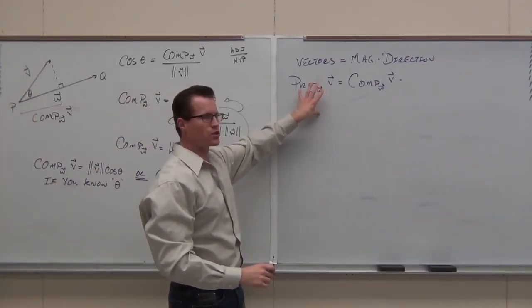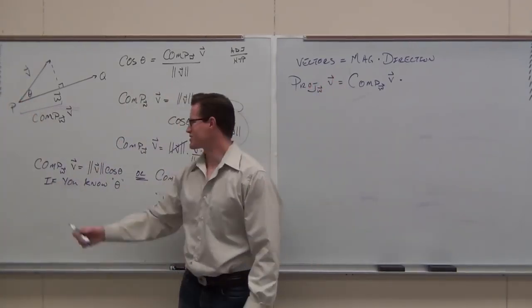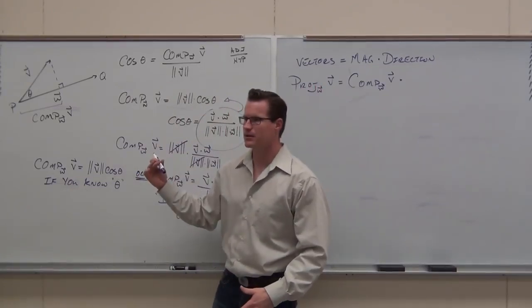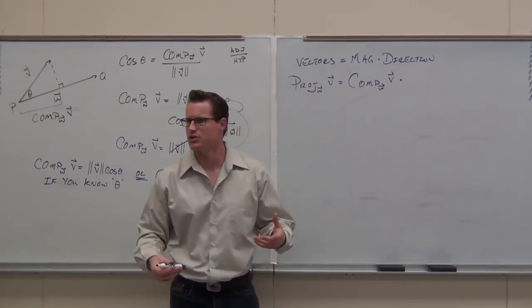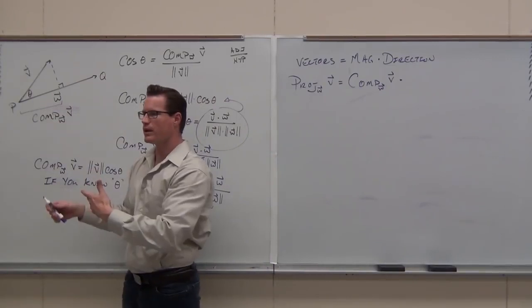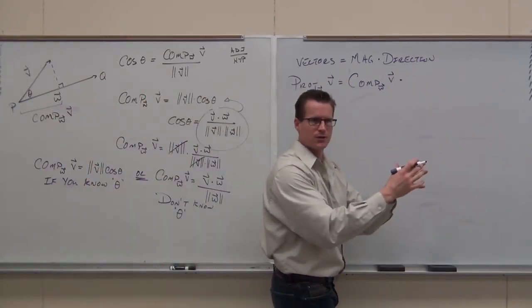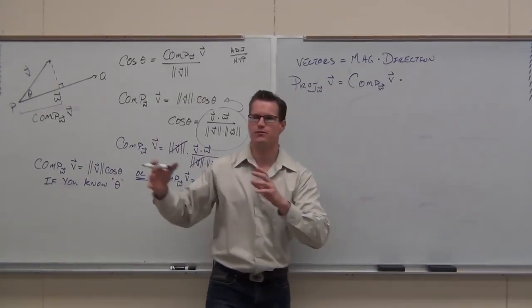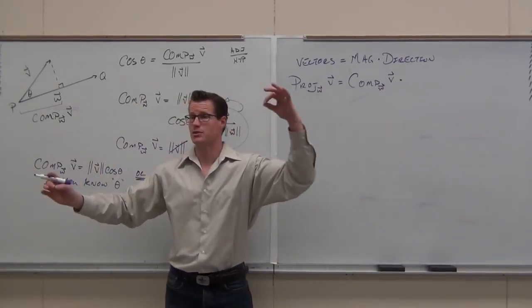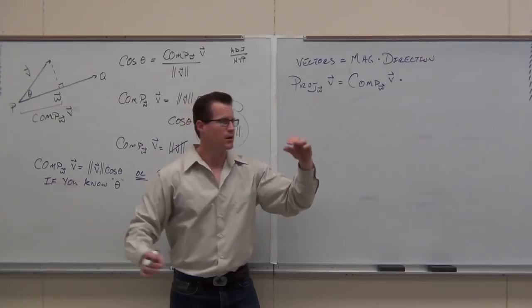So vector projection says, hey, find component projection because it's really easy. And then go, well, what direction is it in? Whatever vector you're pulling it along, man. We're going along W right now. The unit vector of W. Don't do the vector W because that gives it more magnitude than you actually have. Okay, you'd ruin it.